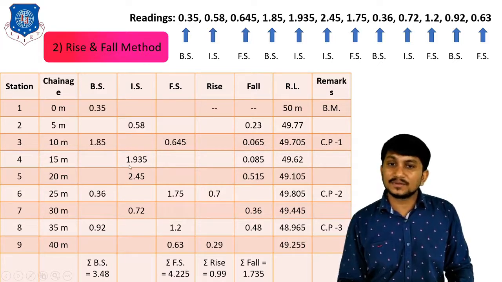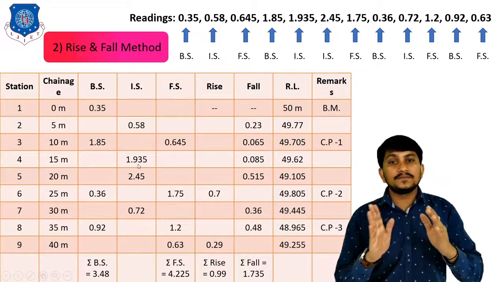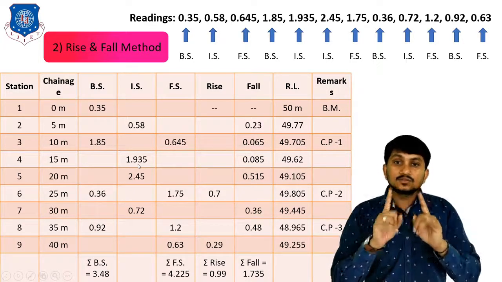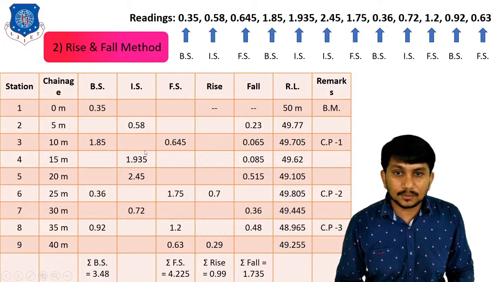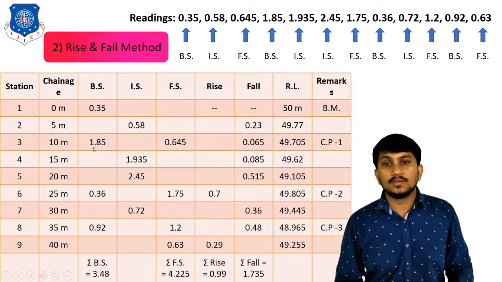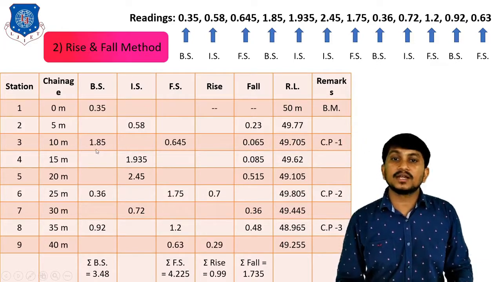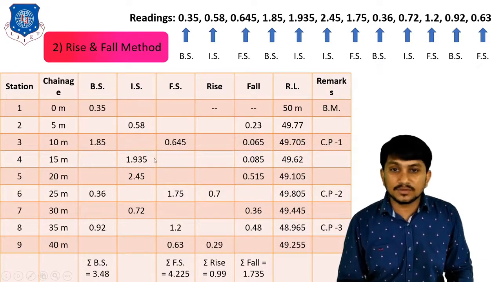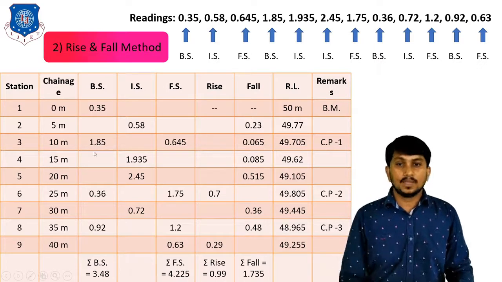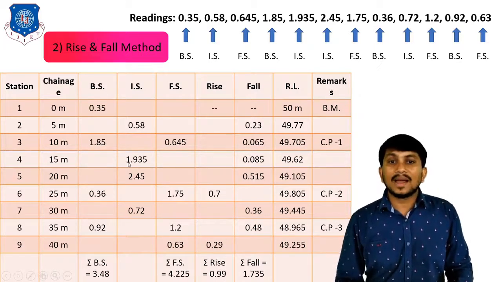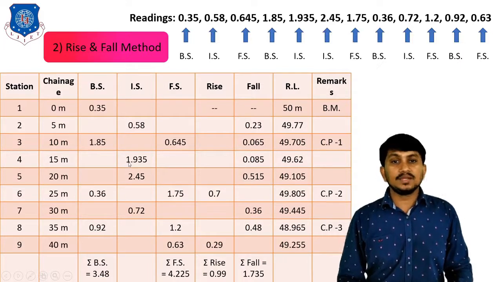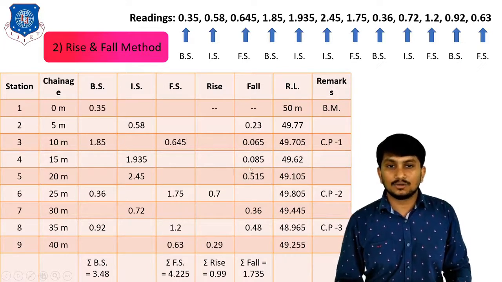The setups are different, so we cannot calculate rise or fall using two different setups. The setup should be the same. So we have to deduct 1.935 from 1.85, because 1.85 is also taken from the second setup, as is 1.935. So 1.85 minus 1.935 gives minus 0.085. Because of the minus sign, it is written in the fall column.